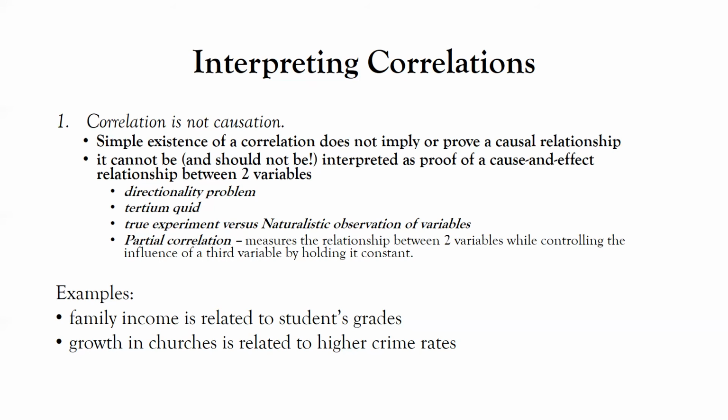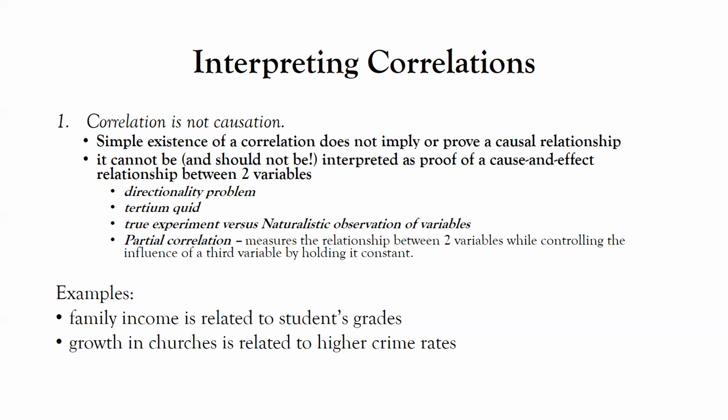Second is tertium quid, or as I've said, a third variable. As I've said, we naturally observe the variables in action in the social world and simply record and analyze them using correlation. So we don't control or manipulate these variables, and therefore we can't isolate them from their context, from their interaction with other invisible, extraneous variables that exist in that context.